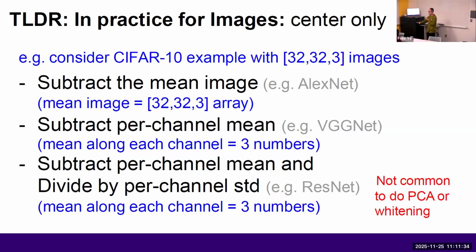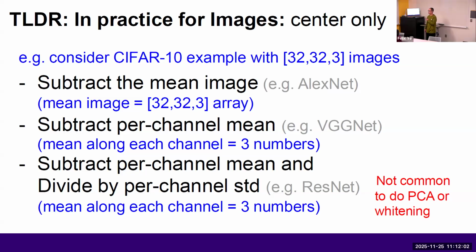In image processing, it's not common to do PCA and whitening before you use a deep neural network. For a deep neural network, you can subtract the mean and divide by the standard deviation, but you still want to keep the variances, each component's variance, as it is.